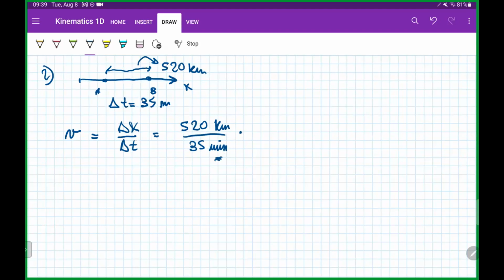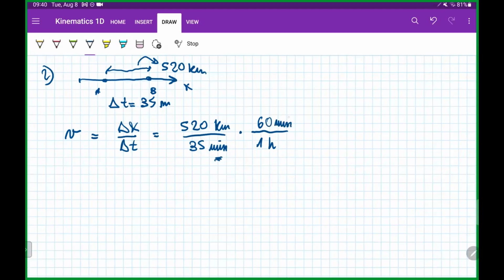We already have kilometers up there. So 520 is already there. We need hours down here, 1 hour, and then we can do 60 minutes up here.